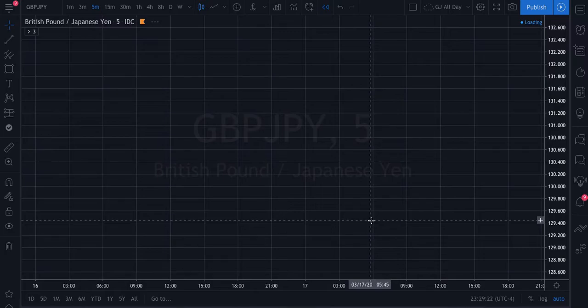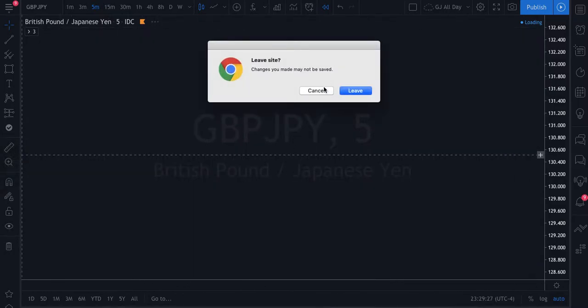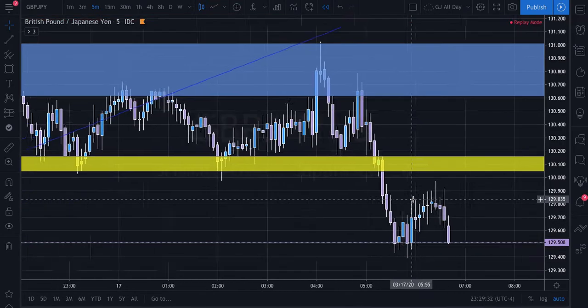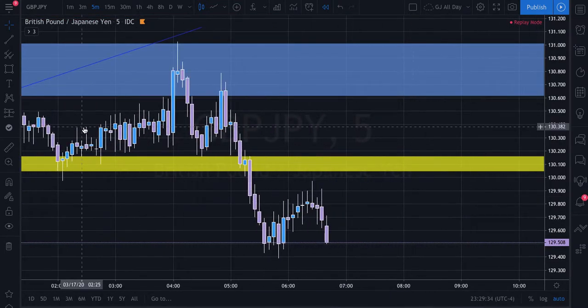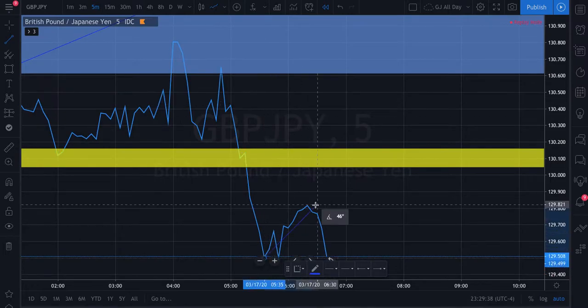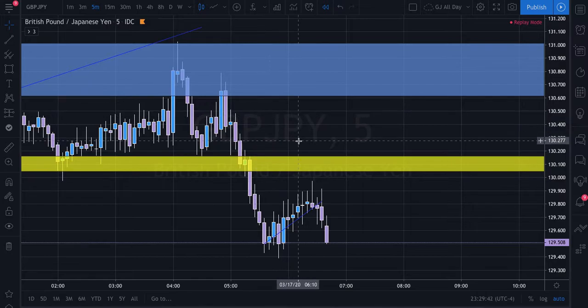See if we can go down to the M5 and get a better entry. I don't know what's going on with MT4. I mean, not MT4, TradingView. So, go to our line chart. A little trend line right there.